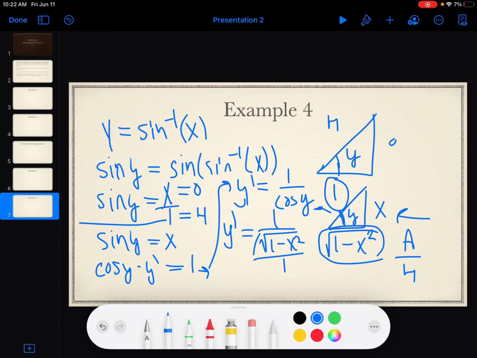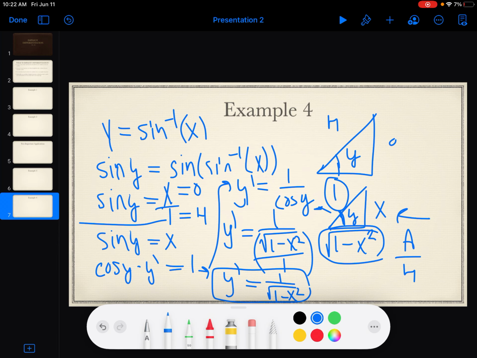So we get 1 divided by, in brackets, the square root of 1 minus x squared, divided by 1. And just knowing your algebra, this turns out to be 1 over the square root of 1 minus x squared. There we go, we got our answer. y prime is 1 divided by the square root of 1 minus x squared.